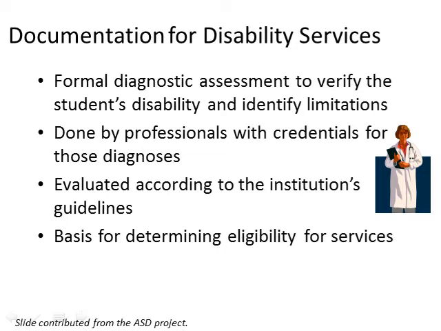And this documentation should meet the standards and guidelines of Alliant. That can depend on what the disability is, because there is a different level of documentation based on the disability.